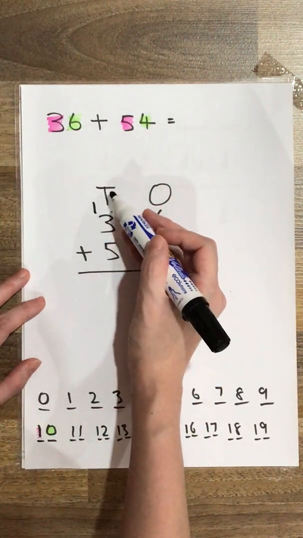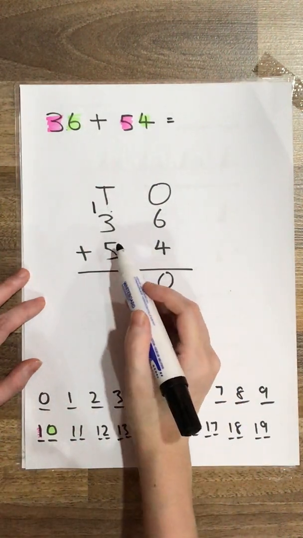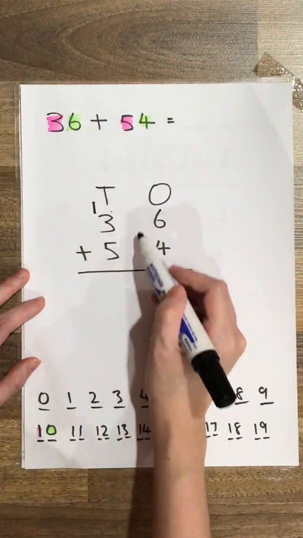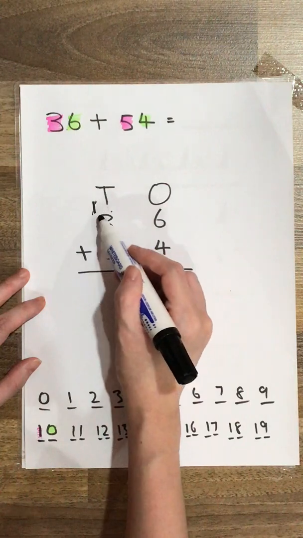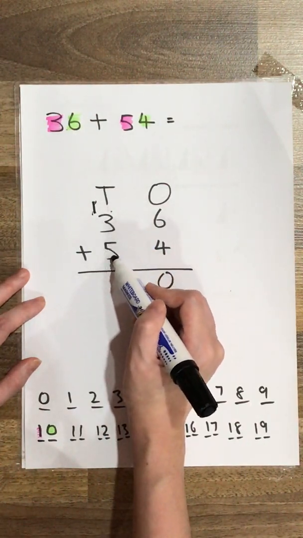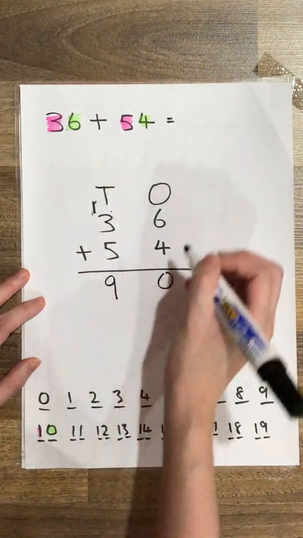And thankfully, Mrs. Tan is a very nice woman. She welcomes everybody. So now Mrs. Tan has one more person in her house. Okay, so let's count how many people are there in Mrs. Tan's house. 1 plus 3 equals to 4. 4 plus 5 equals to 9. So the answer is 90.